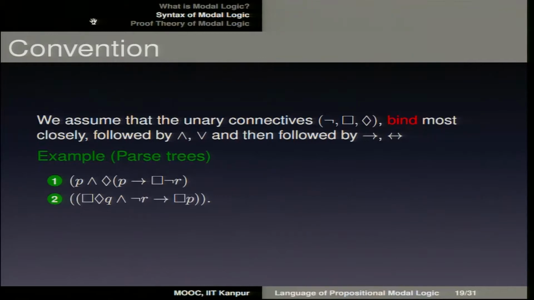In the same way, in the case of modal logics, the first preference will be given to negation, followed by necessity and possibility, which bind closely, followed by other things like conjunction, disjunction, and then implication and if and only if.